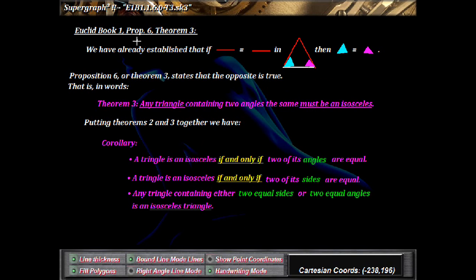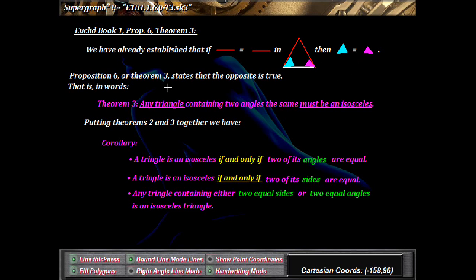So proposition 6 of theorem 3, we've already established the following: that if these lines in any triangle happen to be equal, which is called an isosceles, then the base angles, in different colors here, happen to be equal.